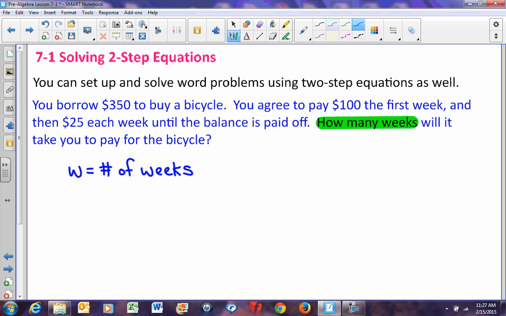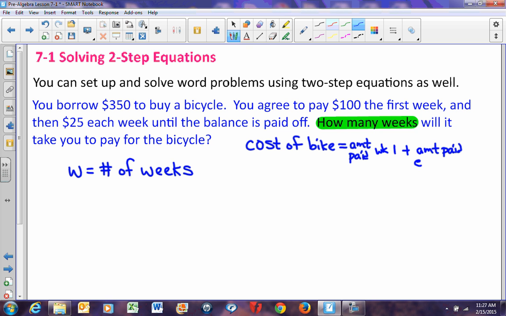I borrow $350 from somebody. I know that the cost of my bike is going to equal the amount of the first week plus the amount each week times the number of weeks. It's going to be the amount paid week 1 plus the amount paid on all the other weeks, every week after week 1.